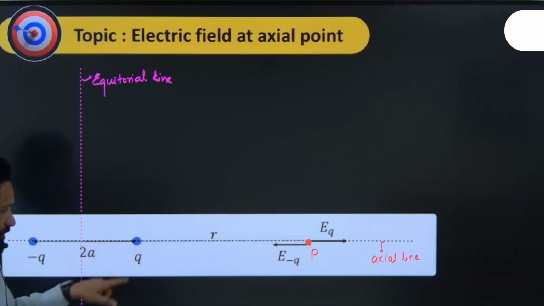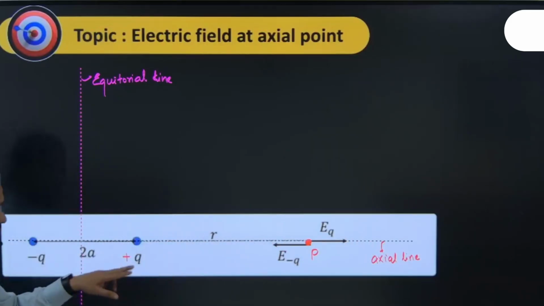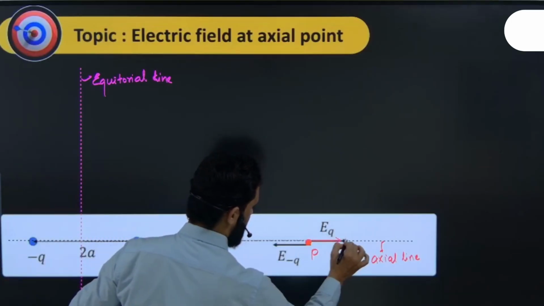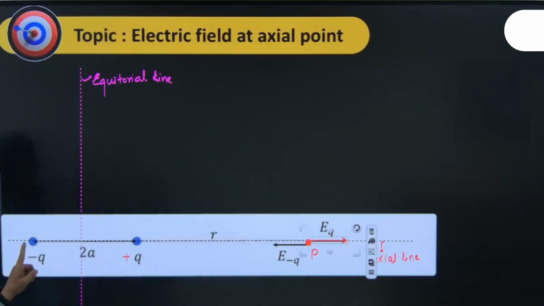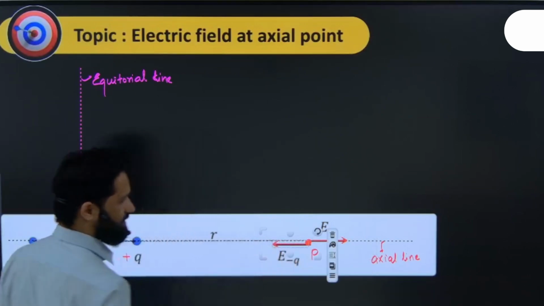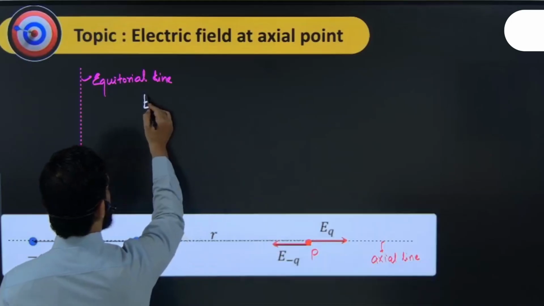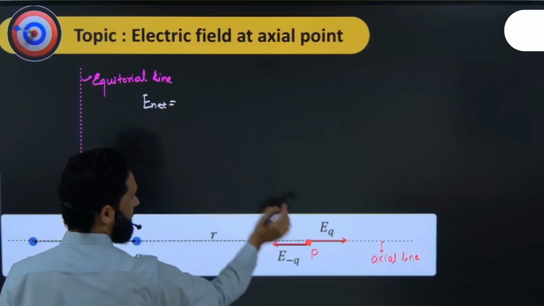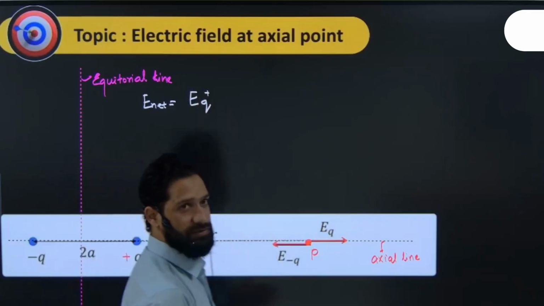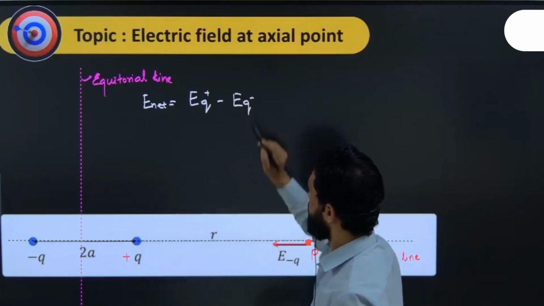For positive q, at point P the electric field will be away from it, and due to the negative charge it is towards it. So the net electric field at any point is the electric field due to the positive charge minus the electric field due to the negative charge.